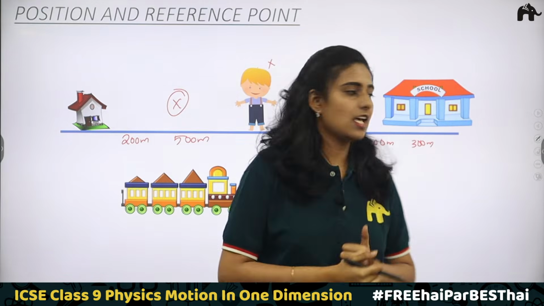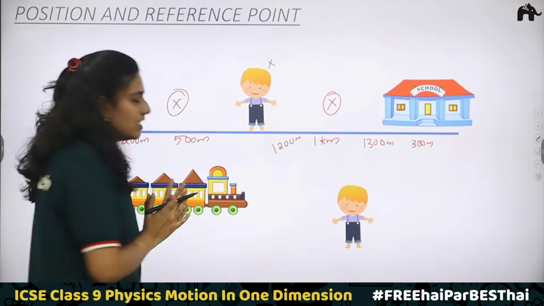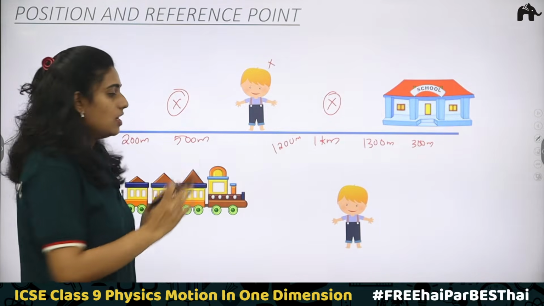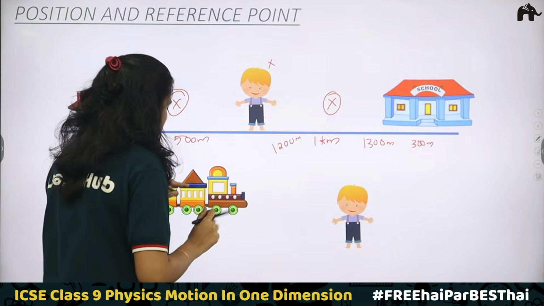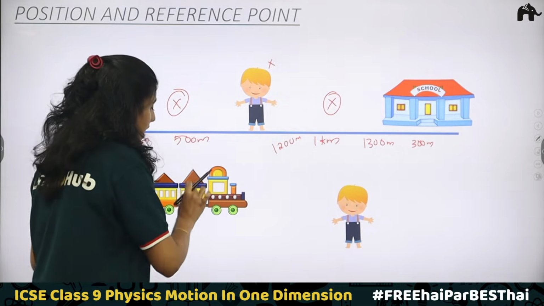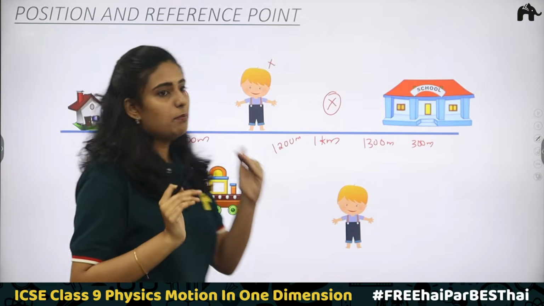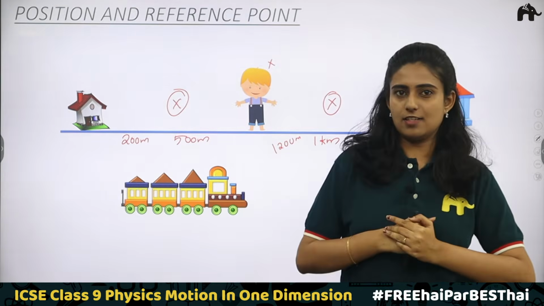Now, take another example. Let's say that a boy is sitting inside a train, and you can find a boy outside. So, when this boy looks into the train, he will be seeing the other boy who is moving. Yes, now just imagine a person who is sitting just opposite to this boy inside the train.